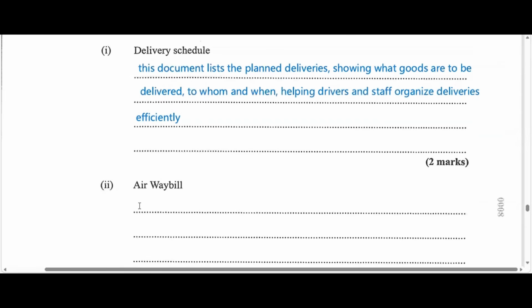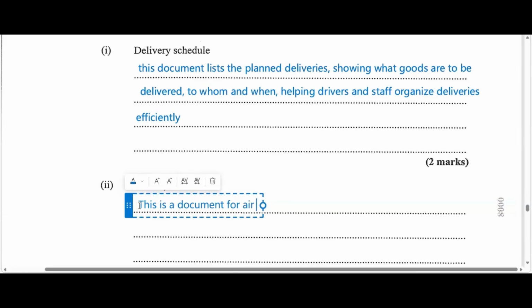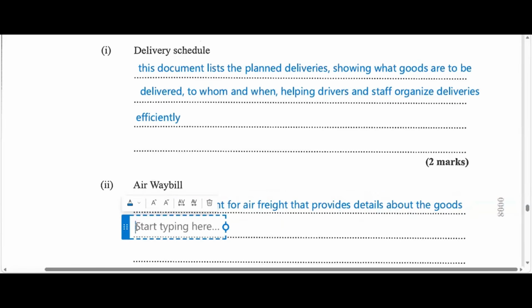Airwaybill. When you order something online, and if you are the purchasing officer, right, you have certain documents that might come your way. This is a document with details of the goods, sender, receiver, and the flight.